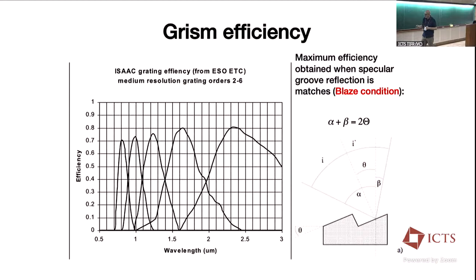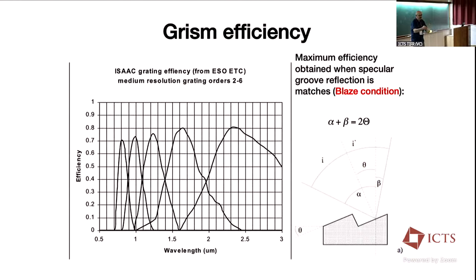The blaze condition is, if you look here at a single stair, one single element of the grating, if this mirror here acts like an ordinary mirror, then not only will the light interfere if I fulfill the grating equation, but in addition, it will be very efficient in that direction.